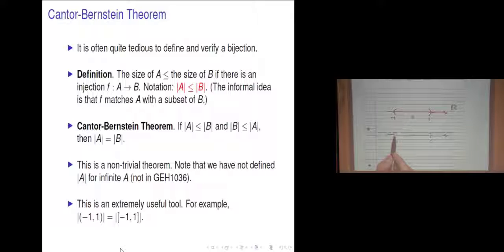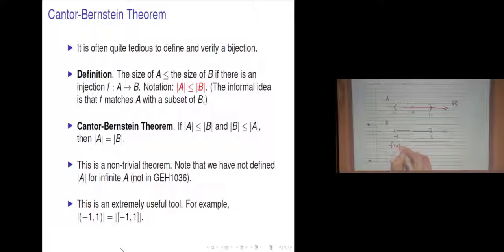The closed interval includes the 2 points. Now, let's call this set A, this set B. I define f of x equal x, so f is from A to B. Because the closed interval has 2 extra points, obviously the size of the open interval is less than or equal to it, right? Are you with me up to here?